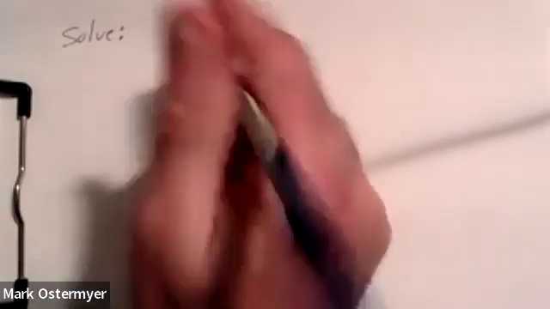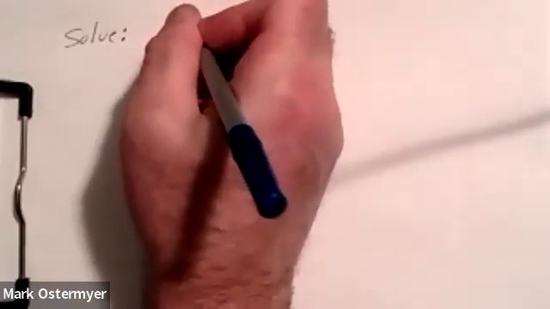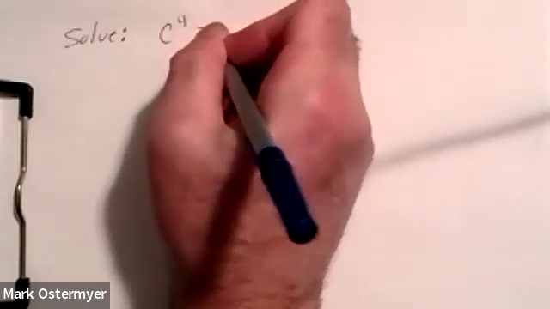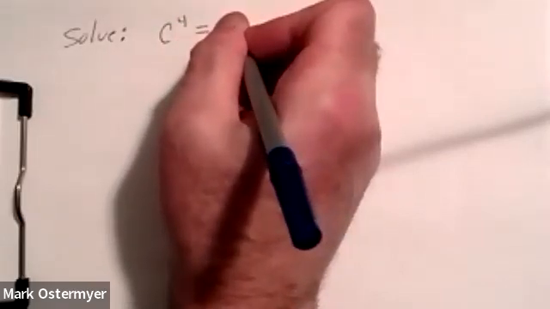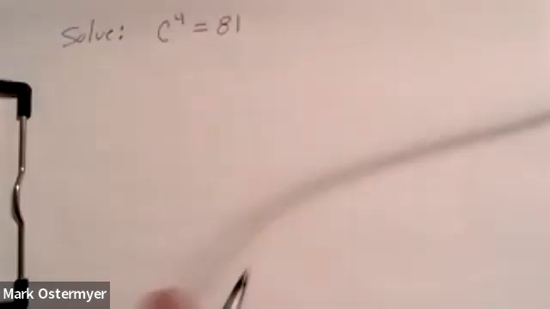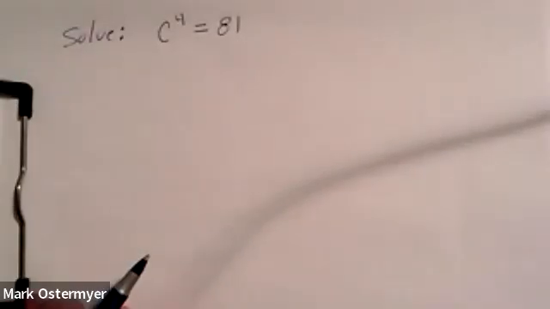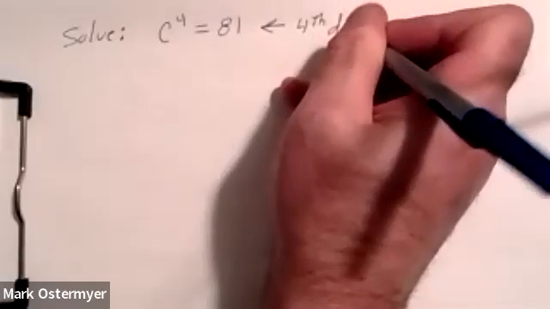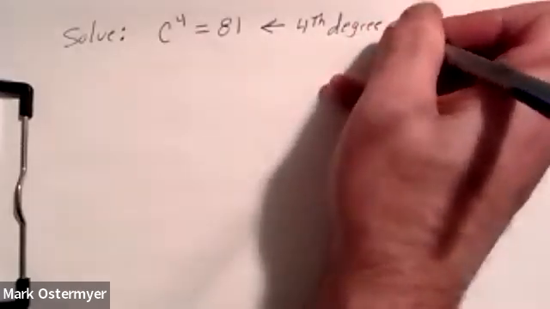All right, let's try this one. Ladies and gentlemen, help me solve this equation for C. What's the degree of this equation? The fourth degree equation. How many solutions is it going to have? 4.